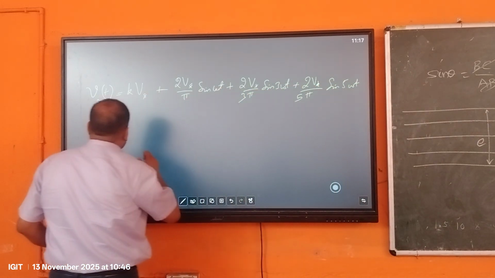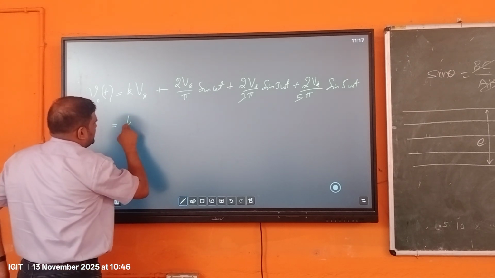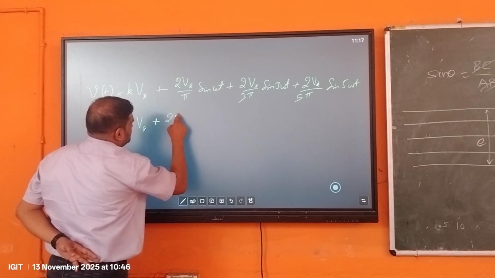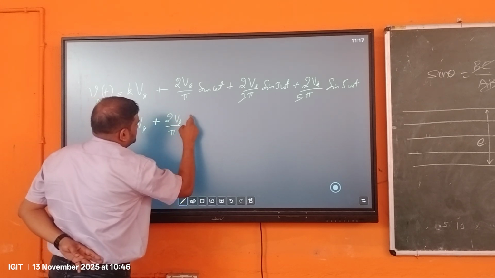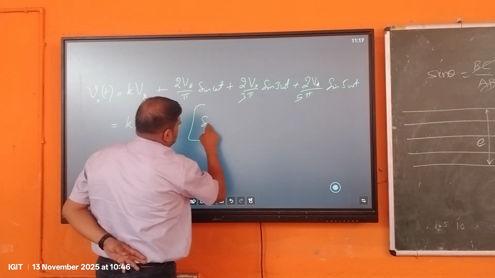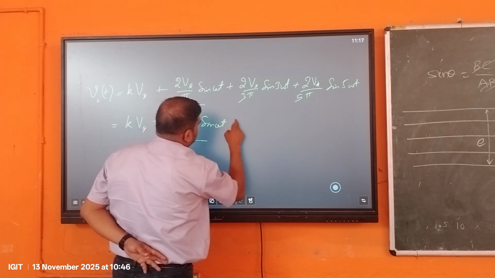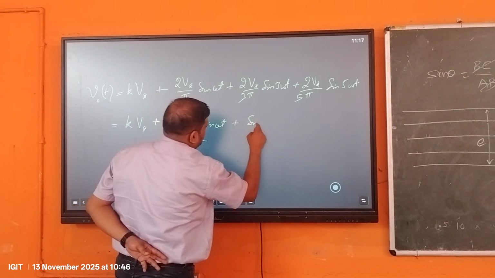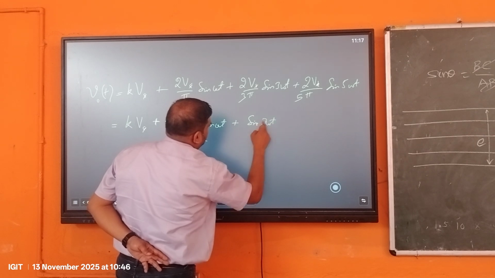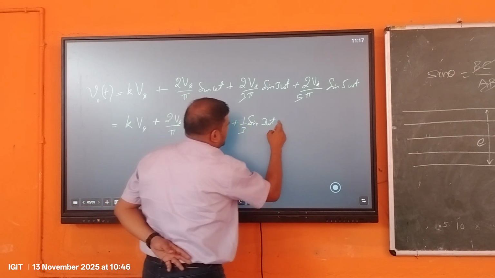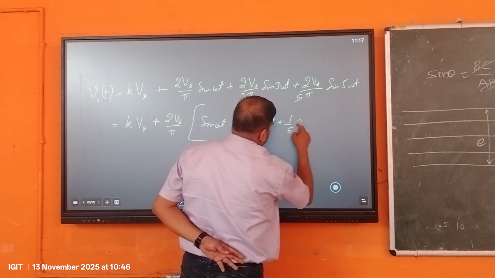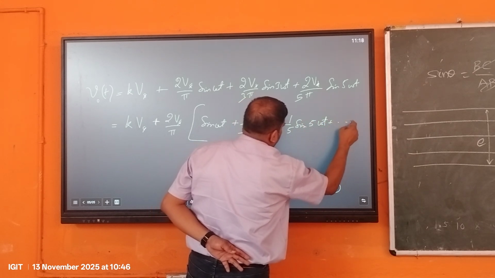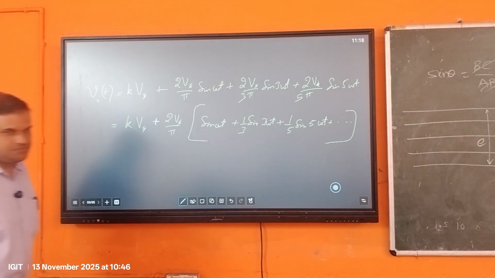Very good. So now we can rewrite this as kVs plus 2Vs by pi, in brackets, sine omega t plus 1 by 3 sine of 3 omega t, plus 1 by 5 sine of 5 omega t plus dot dot dot up to infinity.